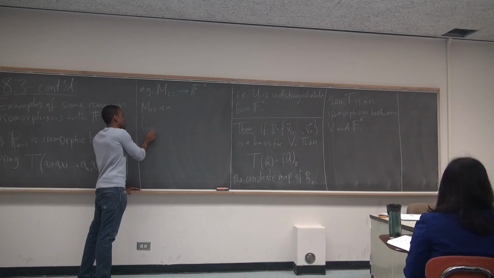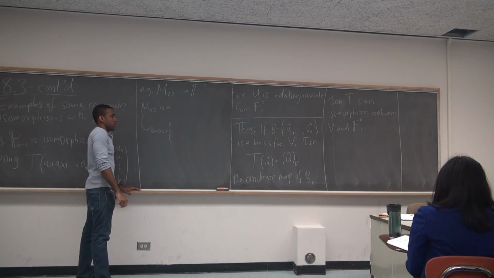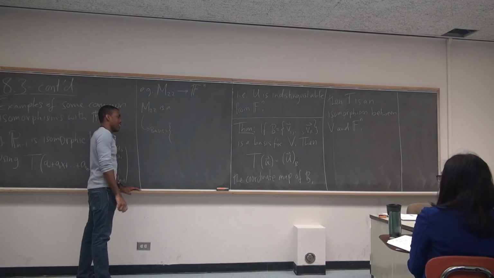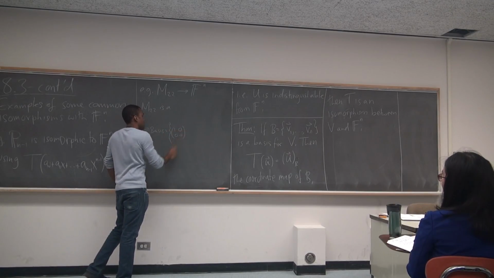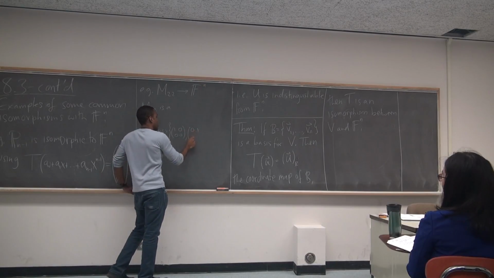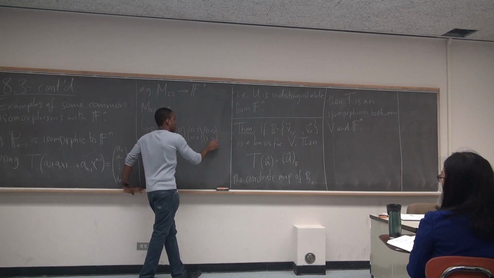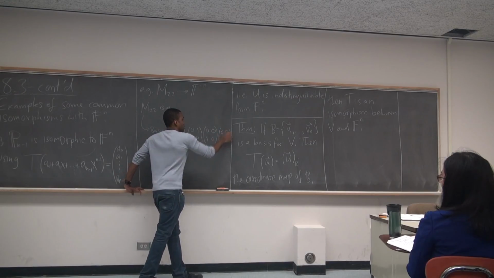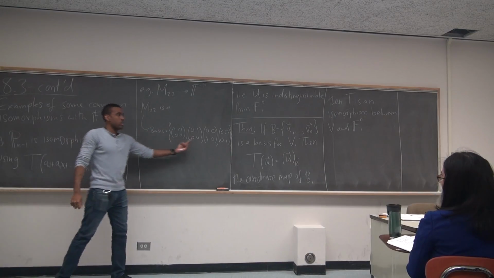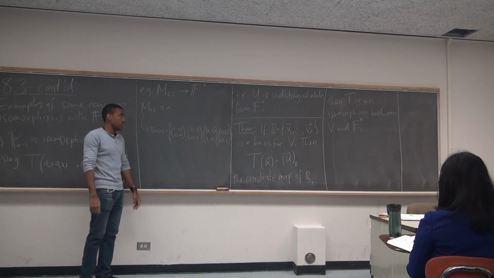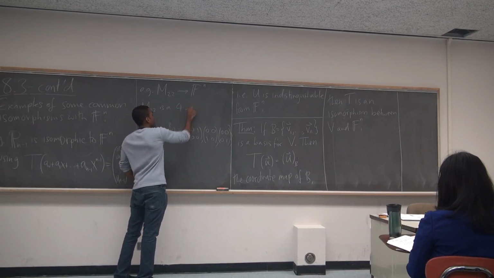So what's a basis for this? Give me the brain-dead basis. 1 0 0 0, 0 1 0 0, 0 0 1 0, and 0 0 0 1. I can write any 2 by 2 matrix as a linear combination of these guys. How many guys are there? There are 4, which means this is a what dimension? It's a 4-dimensional vector space.